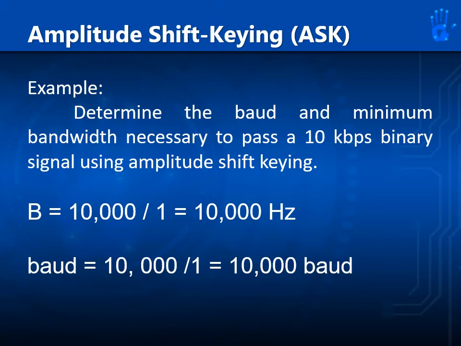So we have 10 kilohertz or 10,000 hertz. And for baud, it is always equivalent to our bandwidth, because we also have the same formula, f sub b over n. F sub b is 10 kilobits per second divided by 1, so the result is also 10,000 baud.